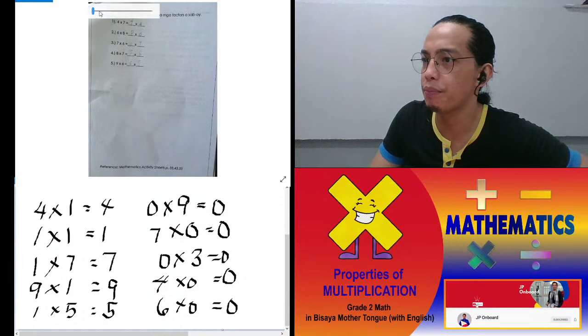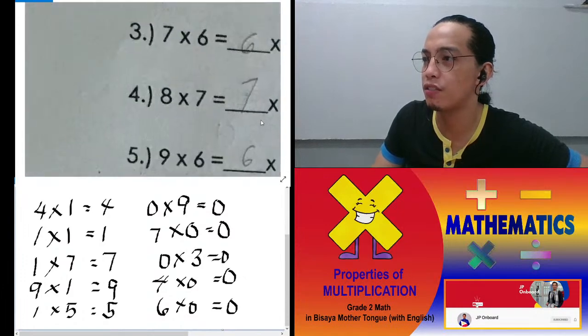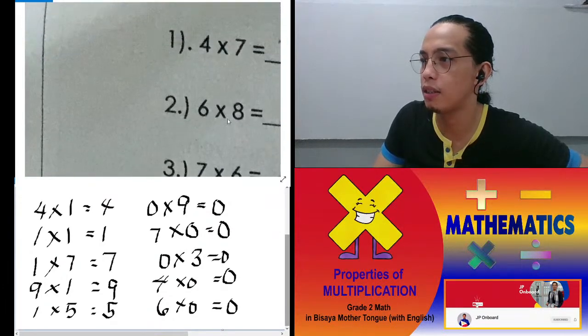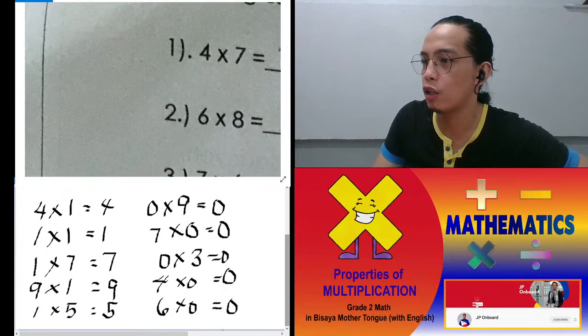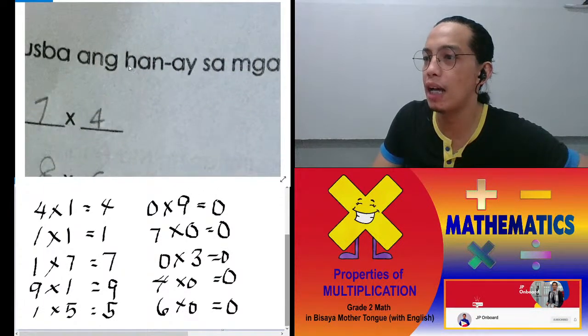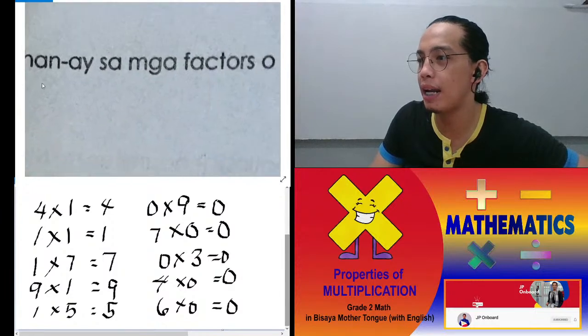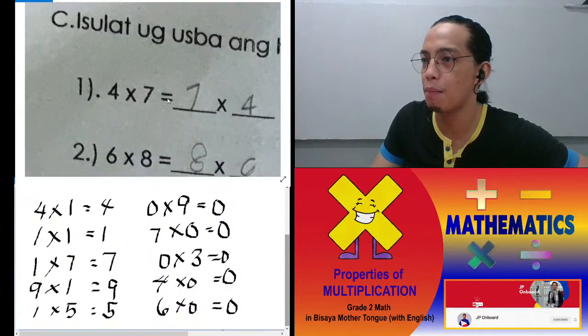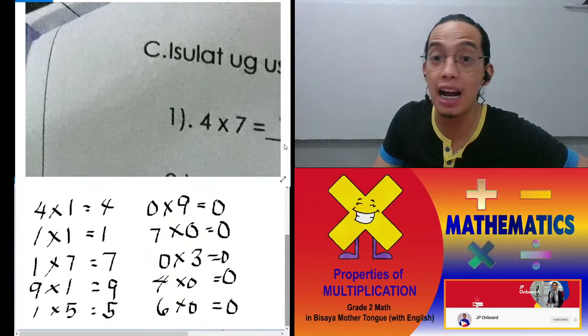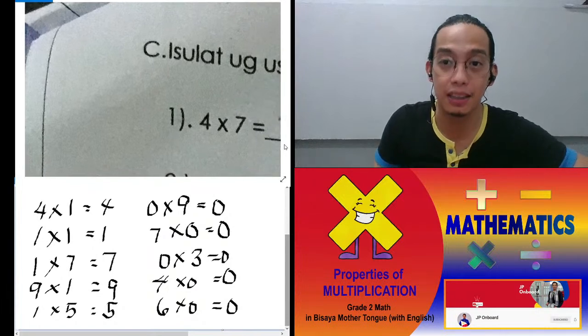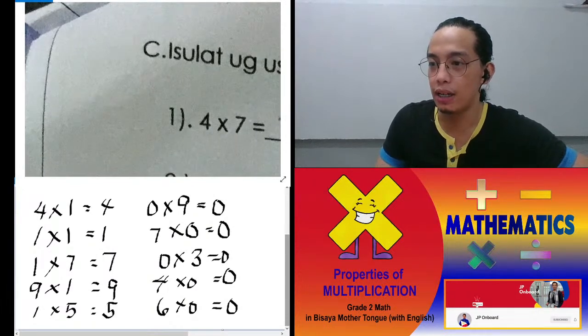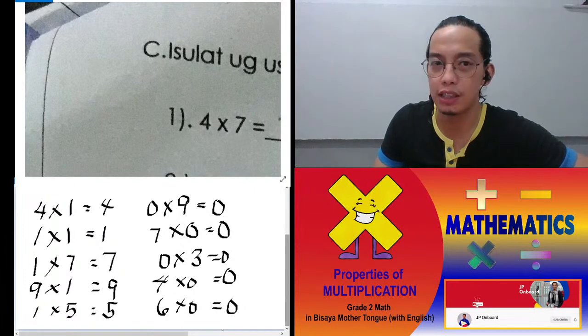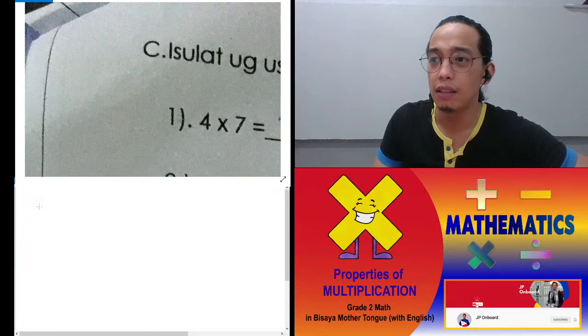Let's not show the answers first so you get a chance to answer. Write, rearrange the factors. So let's try to rearrange this.